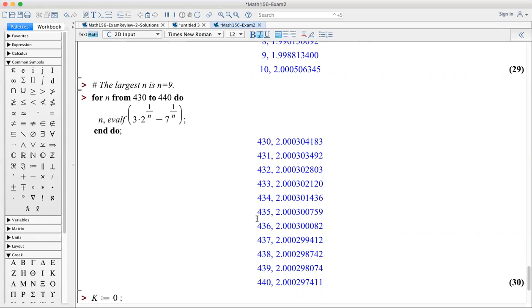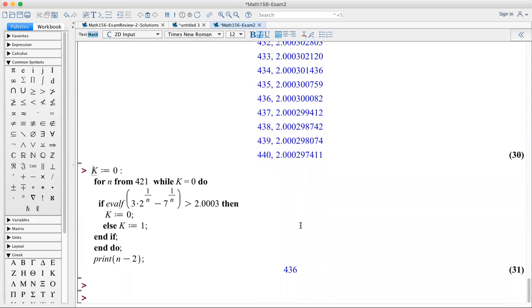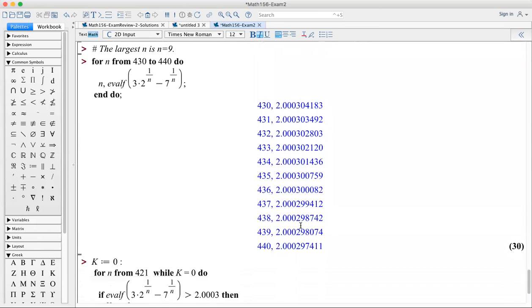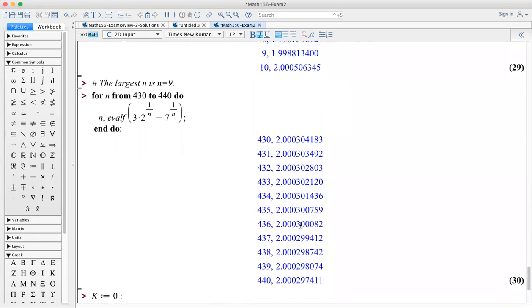Sorry. No, I need to state the problem correctly. So the largest n for which a_n is less than 2.0003, sorry, it should be the largest n for which this number is bigger than 2.0003.